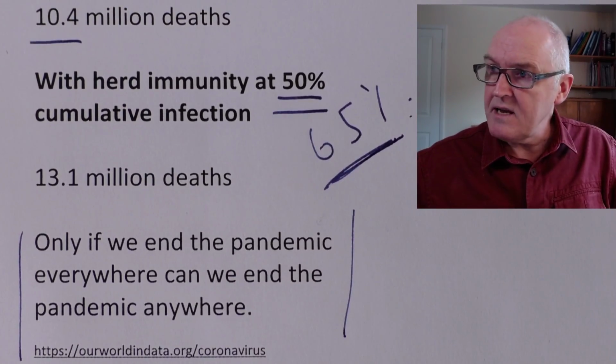But there's another really important thing to say. This is probably the most important thing I've said in this video. Herd immunity is additive with these measures. So hygiene, face masks, physical distancing, limiting our social interactions, these add to herd immunity. New infections are going to be reduced by herd immunity to some extent.